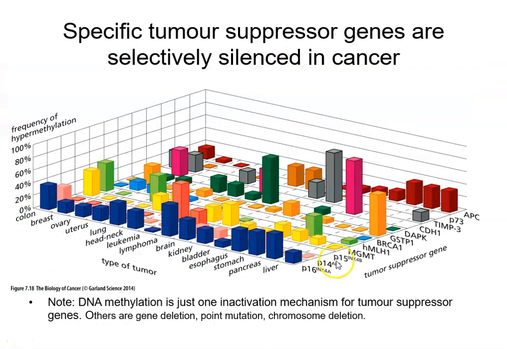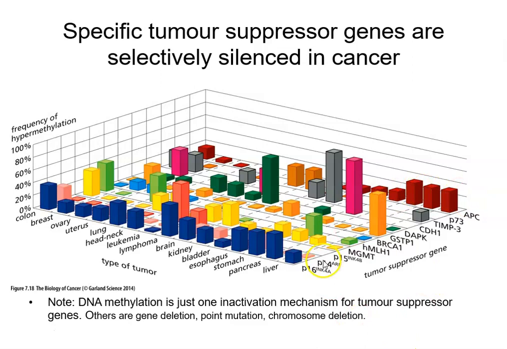Now this phenomenon is present in many tumour types, and there are many different tumour suppressor genes. Now, a tumour suppressor gene is a gene that either controls and suppresses growth, or maybe alters cell survival, or regulates DNA replication and DNA repair. And the tumour will gain a benefit from silencing any of these.